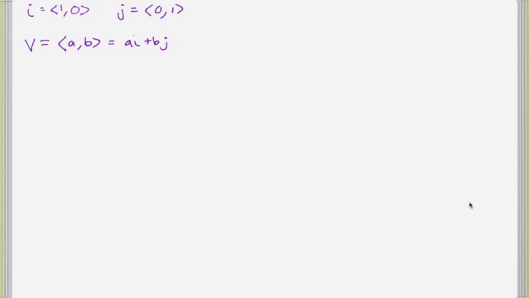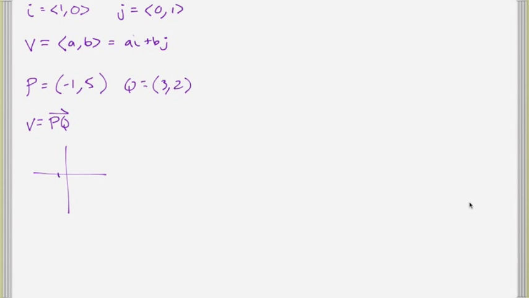What this is going to look like with some points is if I have a point P, -1, 5, and a point Q, 3, 2, and I want to write the vector PQ as a combination of i and j. What I would want to do first is find that vector.